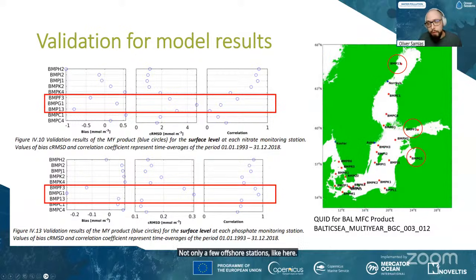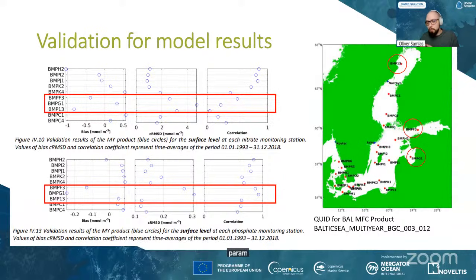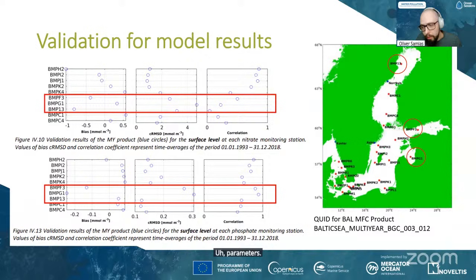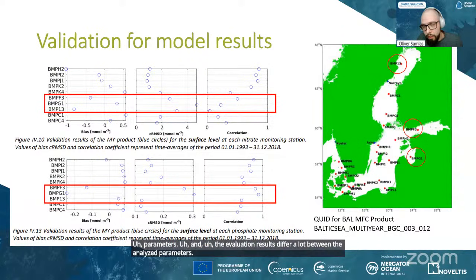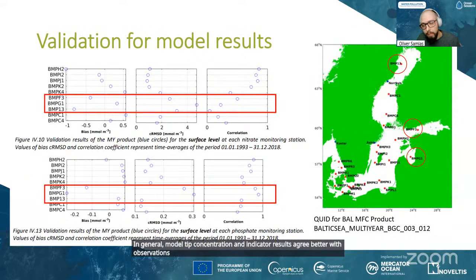And we compared the modeled indicators as well as modeled individual parameters with monitoring data indicators and monitoring data parameters. The evaluation results differ a lot between the analyzed parameters. In general, model DIP concentration and indicator results agree better with observations than DIN and chlorophyll A.